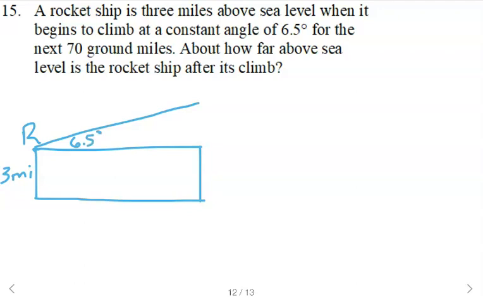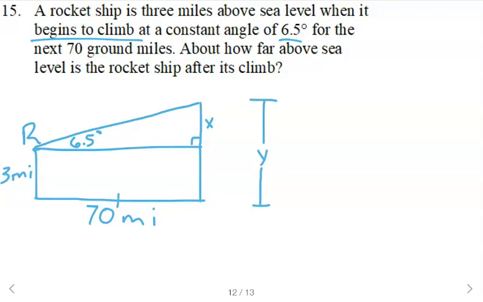It begins to climb for the next 70 ground miles. Ultimately, our goal is to find this value, how far it is above the ground. I guess I'll call that y, because we're going to use x in the triangle.